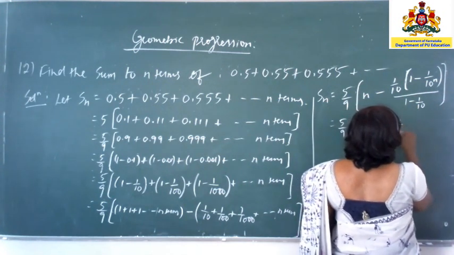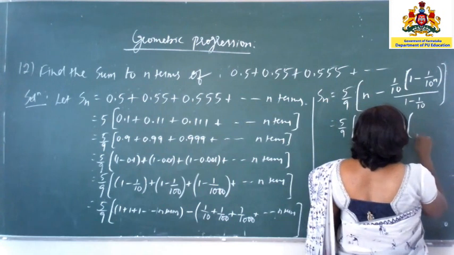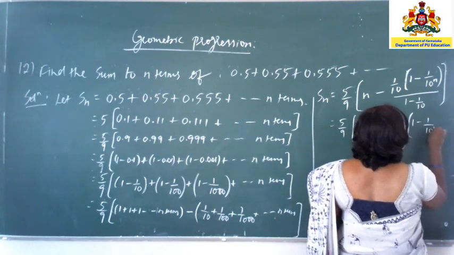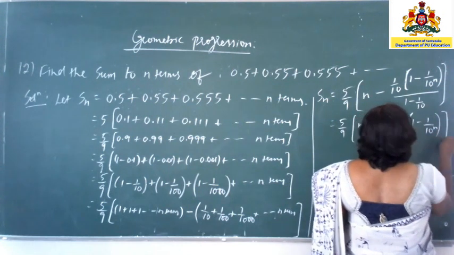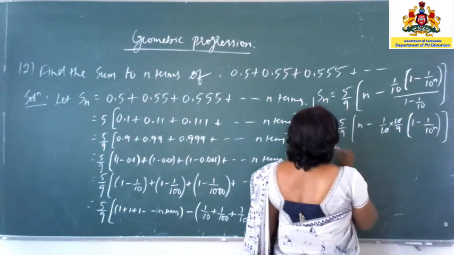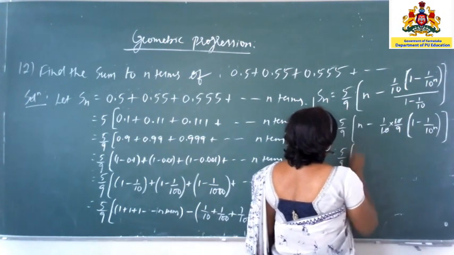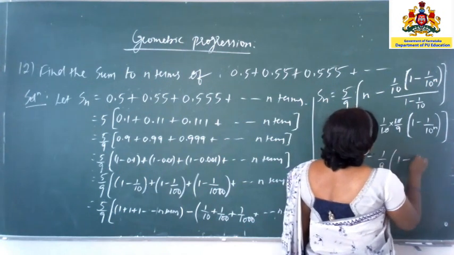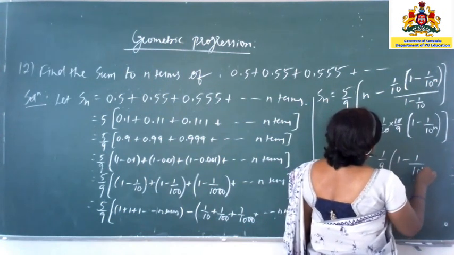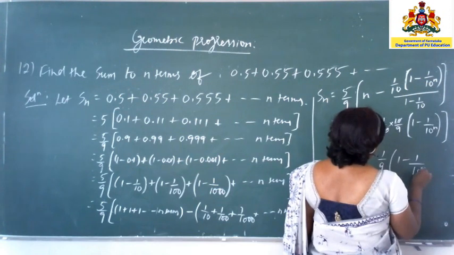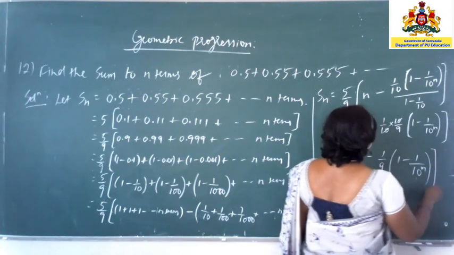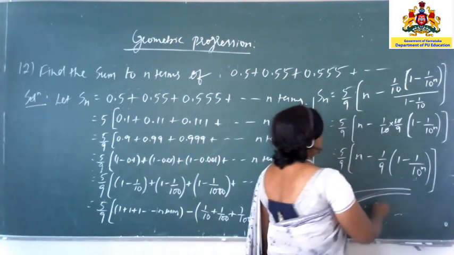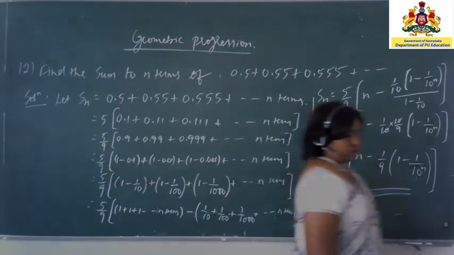So 10 by 9 into 1 minus 1 by 10 to the power of n. So 10 and 10 will get cancelled. So 5 by 9 into n minus 1 by 9 into 1 minus 1 by 10 to the power of n will be the answer. Yes, make a note.